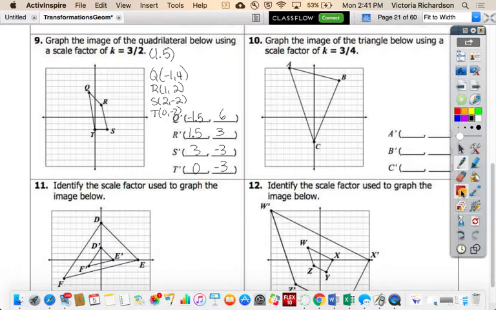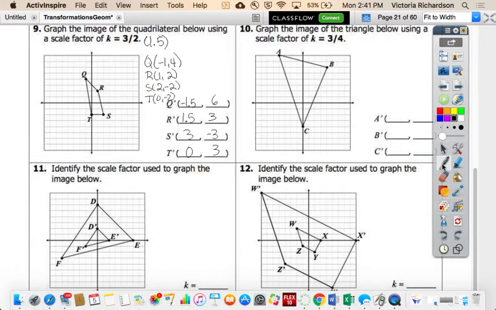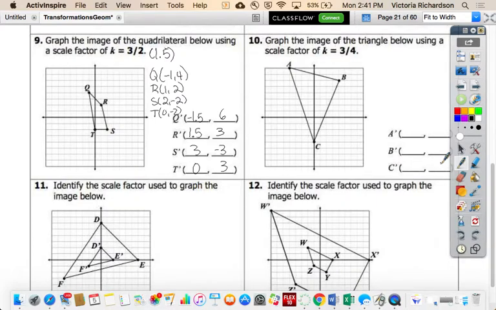Now I'm going to graph -1.5 and 6. All right, so I can't, -1 is here, but I can't go all the way over to 2. So I have to kind of go in between the two lines. So that's -1.5. And then I go up 1, 2, 3, 4, 5, and 6, which would be right here.